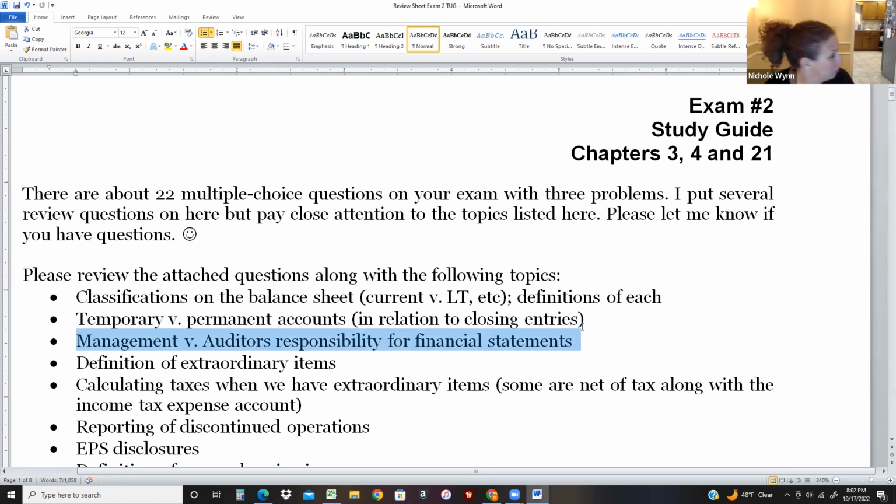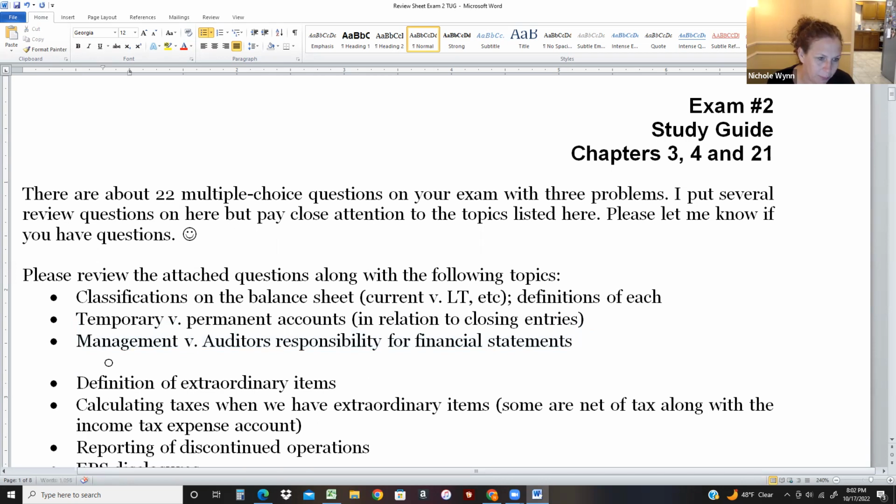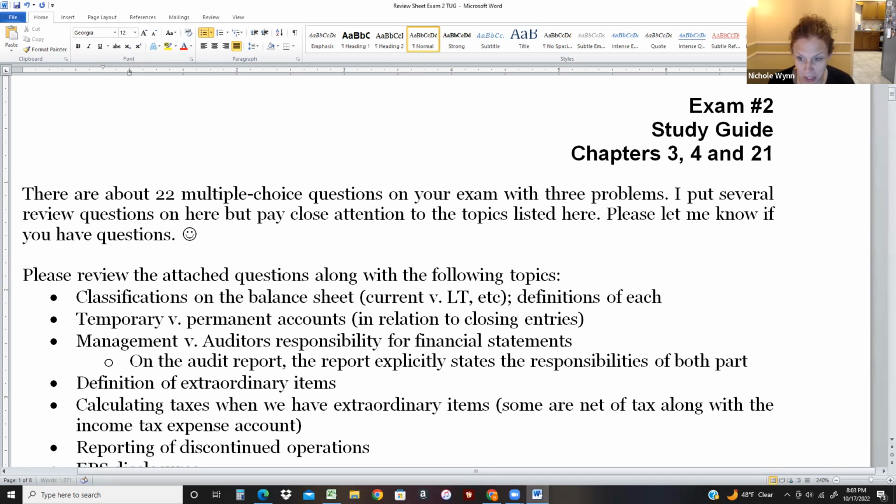Now, management versus auditor's responsibility for financial statements. This is something that's covered when we started talking about disclosures to financial statements. The key is that on the audit report, the report explicitly states the responsibilities of both parties.